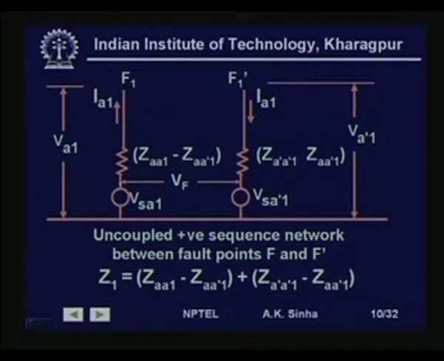That is put here, and we have the impedance ZA1 minus ZA dash 1 as the series impedance connected to this source, and IA1 is the current coming out at this point F1. Similarly, on the F dash side, we have VsA dash 1, the internal voltage on that side, and the impedance is ZA dash 1 minus ZA dash 1. This minus sign is missing here. The current is entering this node as F1 dash, and the voltage across this is VA dash 1, and the voltage here is VA1.